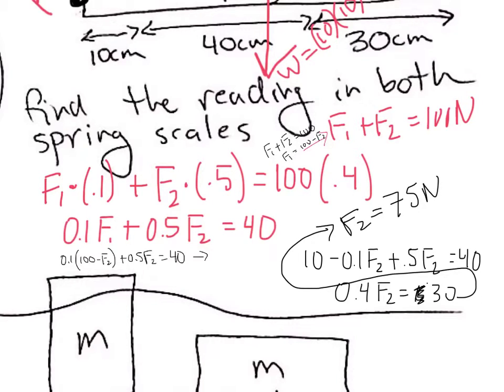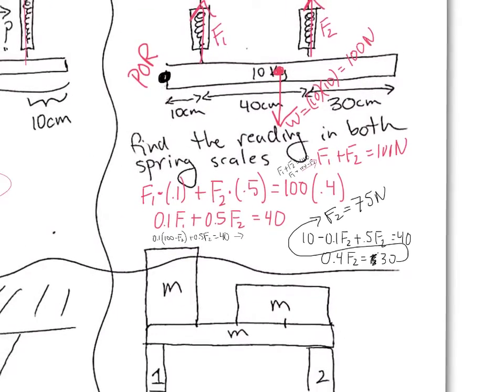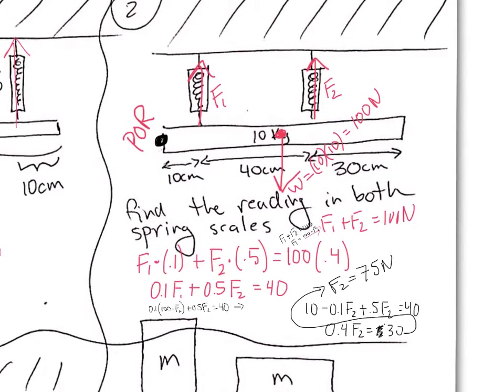Okay, so before we put in any more work, let's check ourselves. Does that make sense? In eyeballing the situation, this is sort of out towards the end, whereas this is much closer to the center, so this checks out. This looks good. If the whole thing weighs 100 newtons, 75 newtons here, so we can kind of just assume F1 will be 25 newtons because together they support that weight.